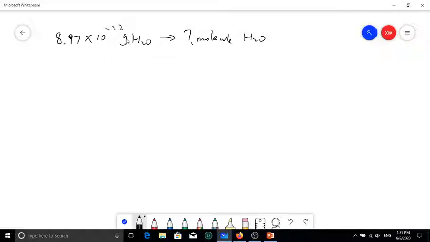This is going from grams to molecules. It doesn't seem like you're going to mole or going out from mole. So it's almost certain that you have to go through a mole as an intermediate.